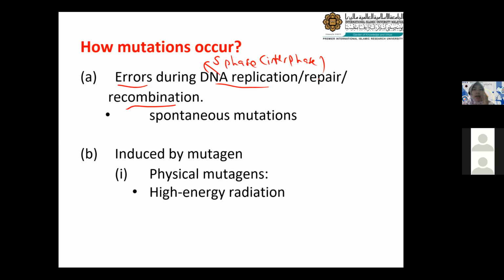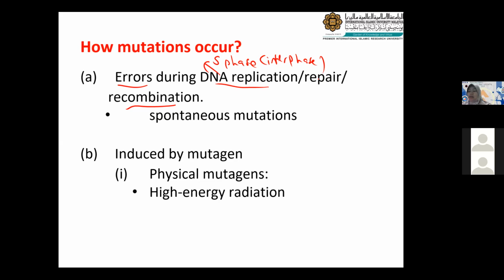So somehow there are errors during DNA replication or DNA repair within the cell cycle. Remember dekat cell cycle ada checkpoint. When DNA repair happens, somehow the checkpoint is not able to detect changes or mutation that happened to the chromosome. So that's why it happens.